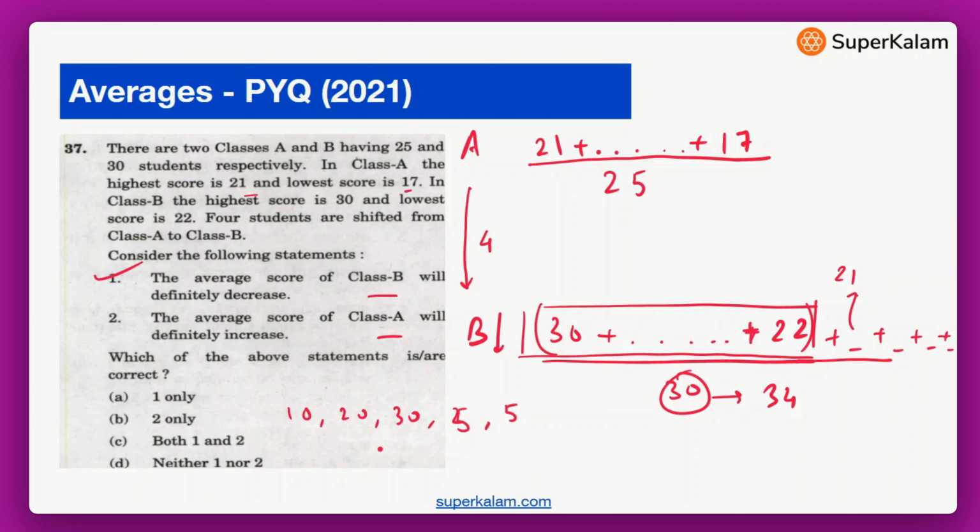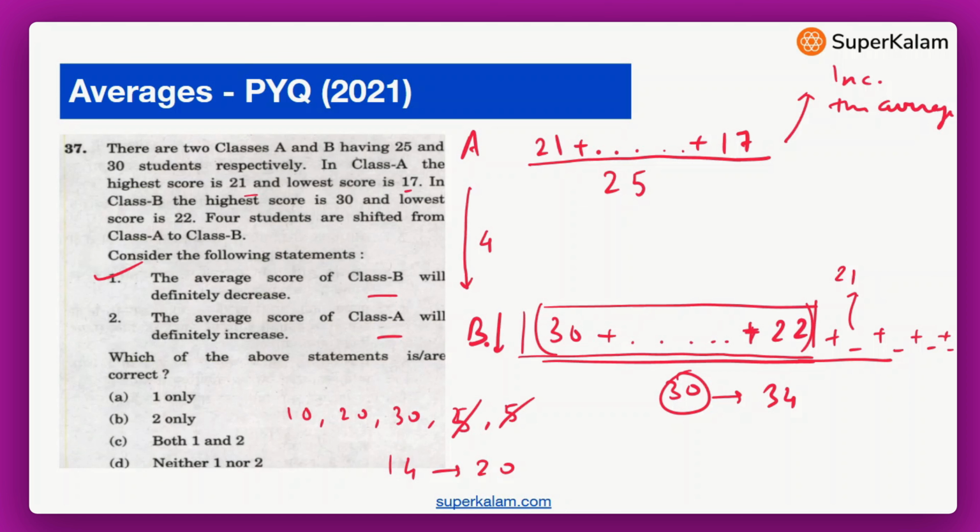Now if you remove these mileages, then your average will increase. So if we remove the lower scores in the average of A, like 17, like 18, then we will increase the average.